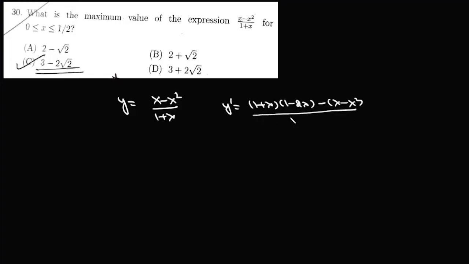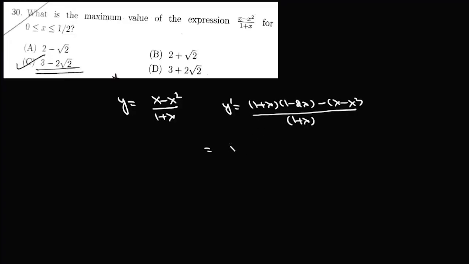Now question number 30 is, what is the maximum value of this expression for x lying between 0 and 1 by 2? So this y is (x minus x square) upon (1 plus x). Now y dash will be (1 plus x)(1 minus 2x) minus (x minus x square) upon (1 plus x) whole square.